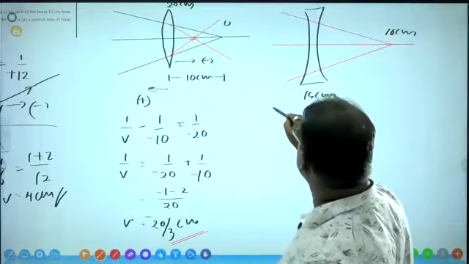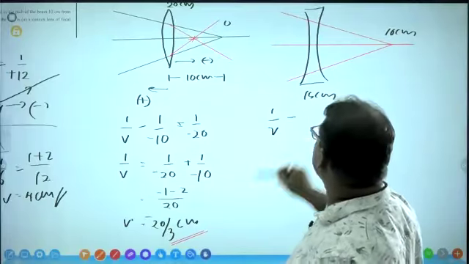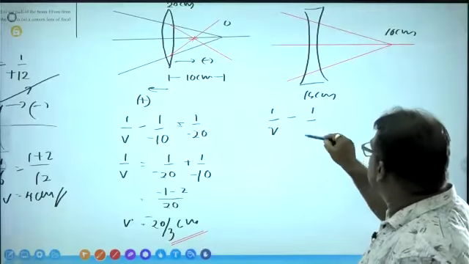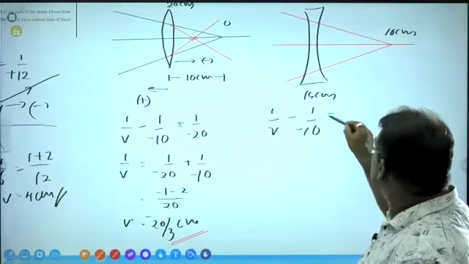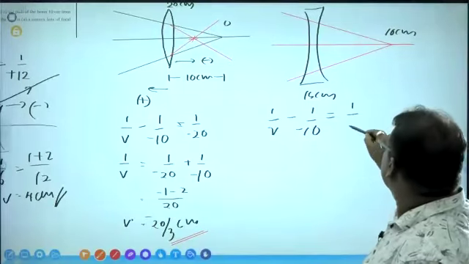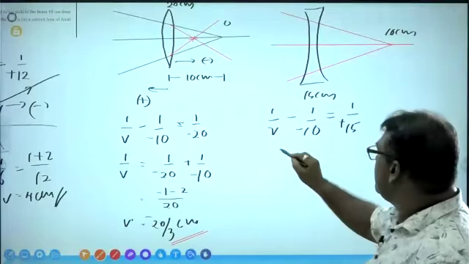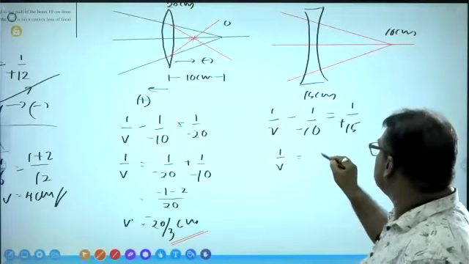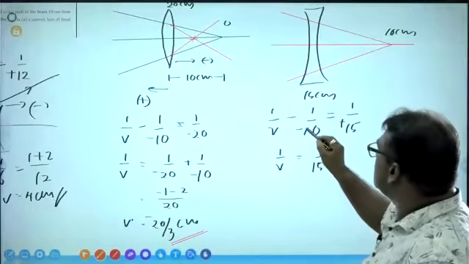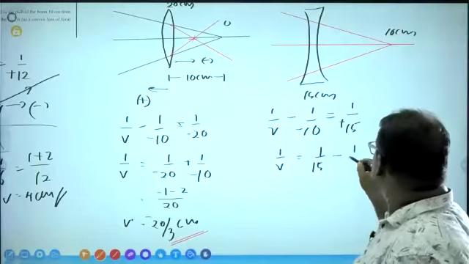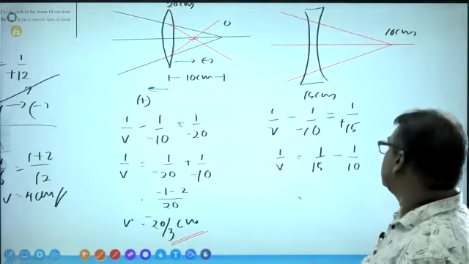Then what will happen? Again, 1 over V to be found. 1 over U, 10. It should be minus equal. Focal length is 15 centimeter. It's plus now. Then 1 over V equal 1 over 15 minus minus plus plus taken into the other side. Minus 1 over 10. Clear?